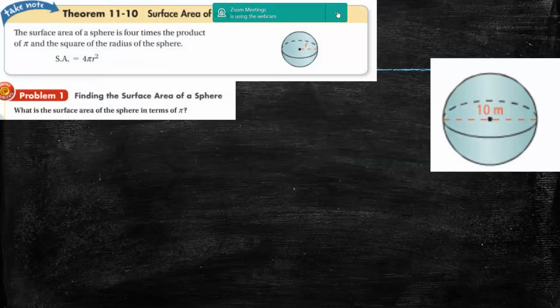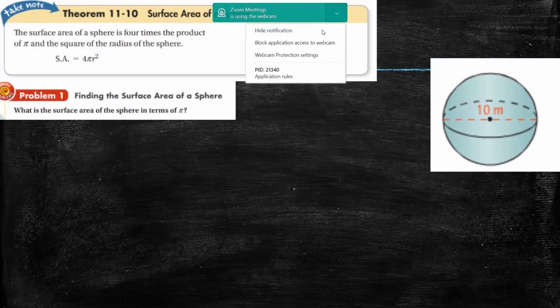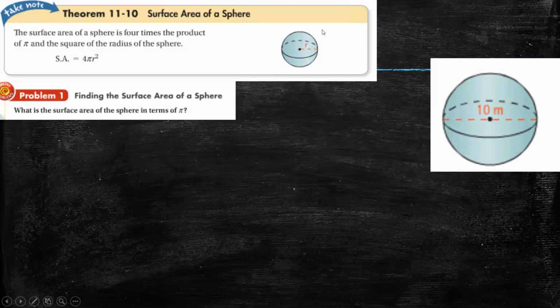So let's see now how we can find the surface area of the sphere. The surface area of the sphere is 4πr². If you look at the book, you will find that it has like 4 circles put together. We know that the area of a circle is πr².